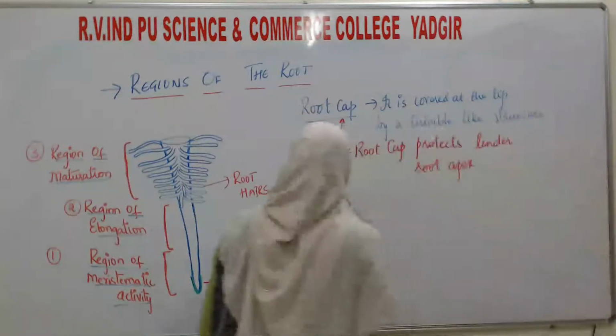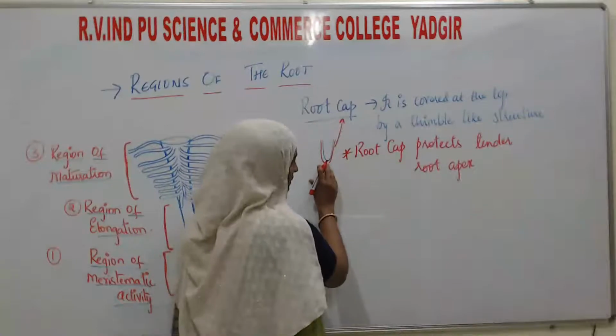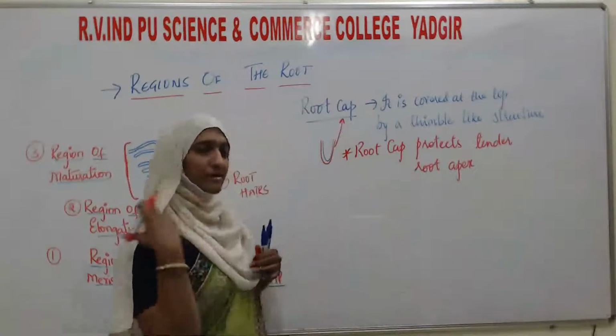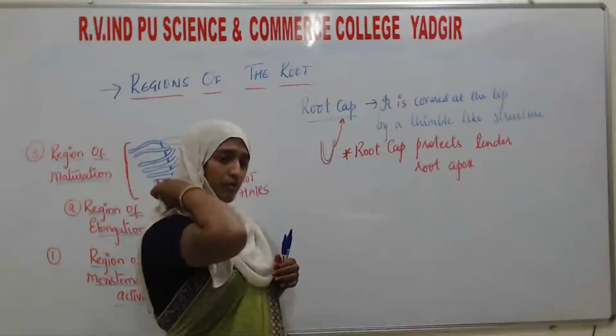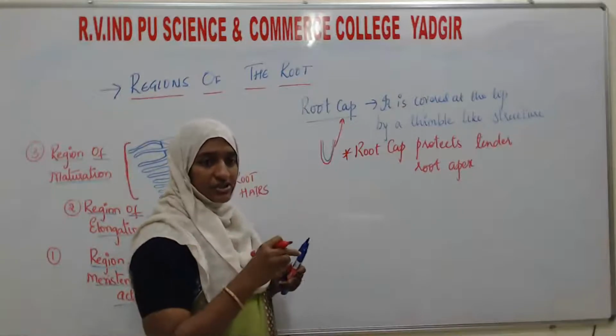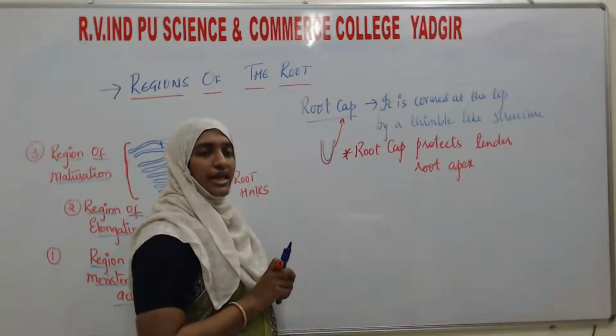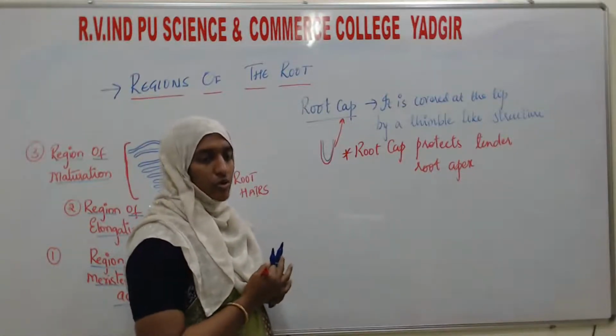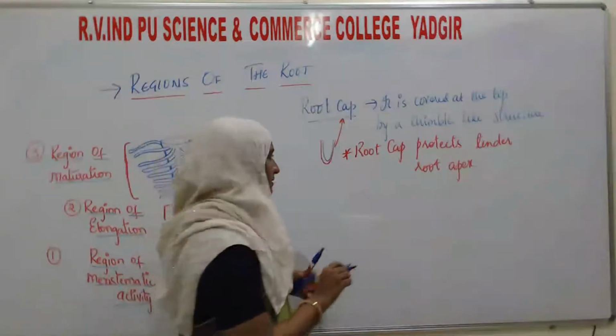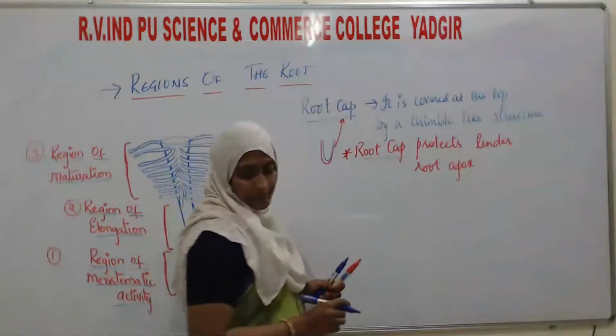Whatever the region here at the tip, that means the root apex or the root apical part, at that region, it should not get damaged. So, who is protecting that? That is the root cap.